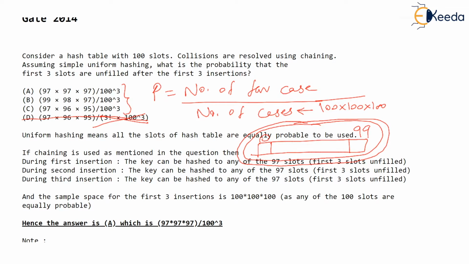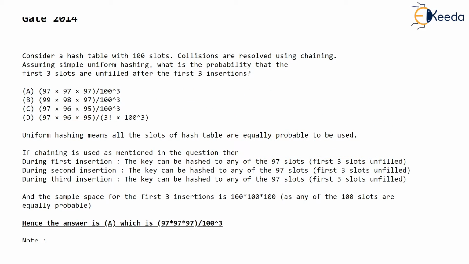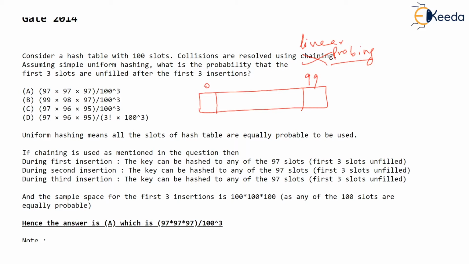The most important point over here is the word chaining. Just check, you must get this point which I am telling you. We are having a hash table from 0 to 99. Just imagine we are not using chaining, but you are using linear probing. Okay, linear probing. Now imagine the first key is inserted.